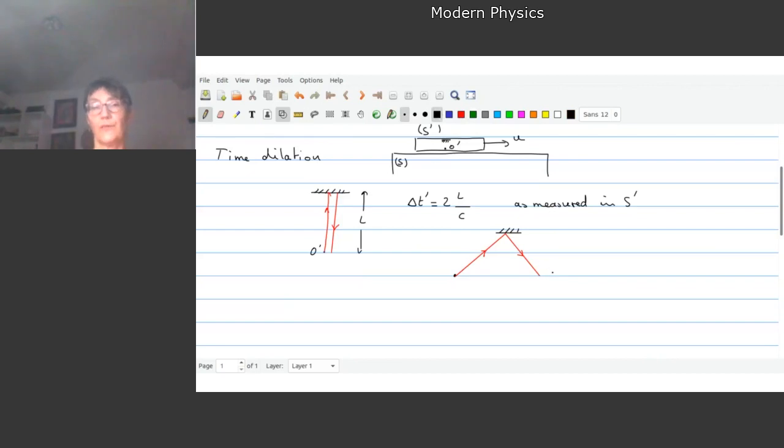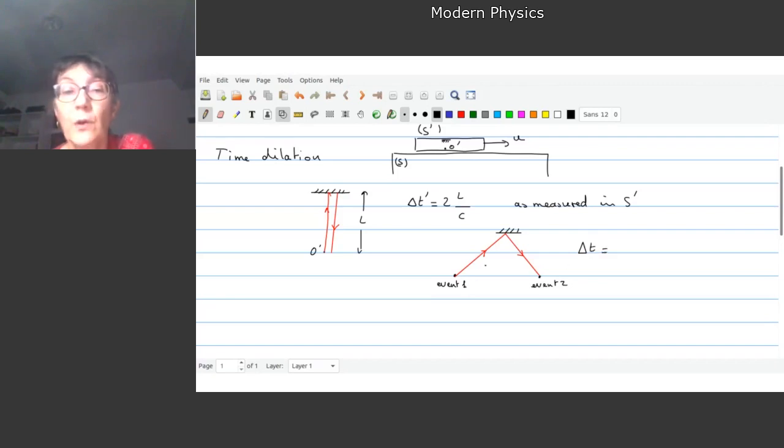It's not really beautiful, but it's okay. And so we want to know what the interval is. This is event 1, and this is event 2. So we want to write delta t.